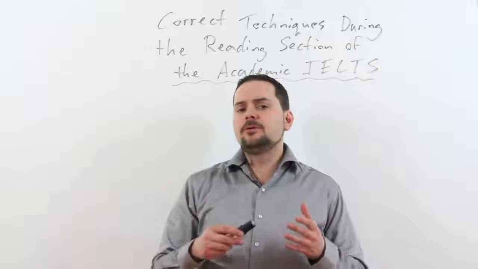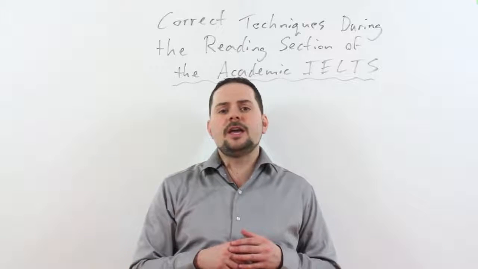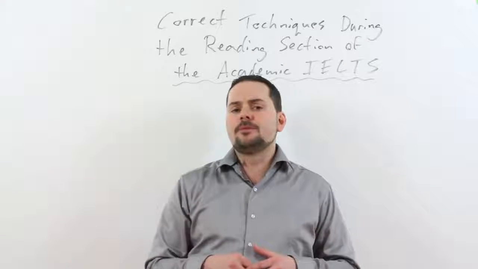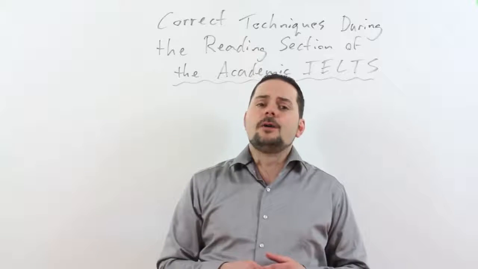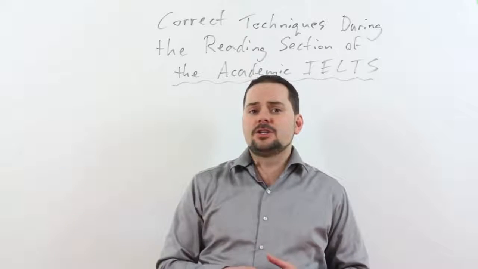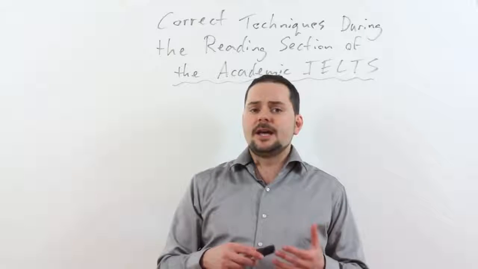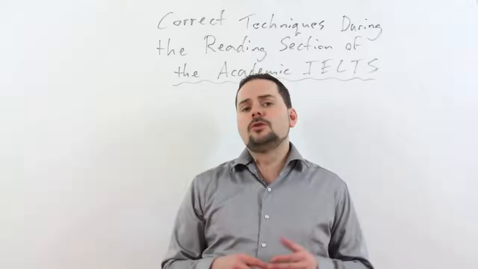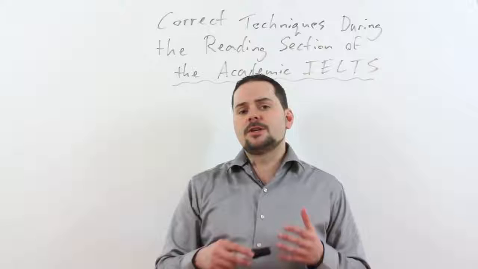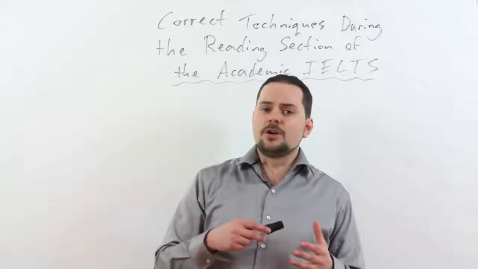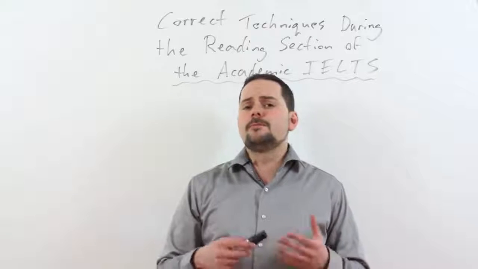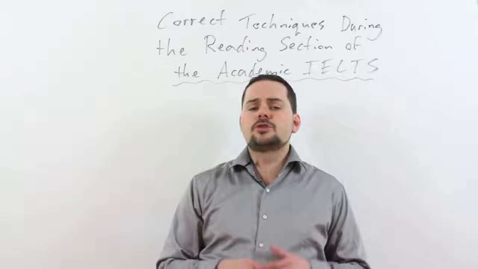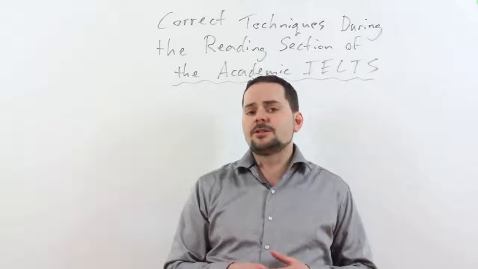So the people who make the IELTS, their goal is that the students who get a high score, so a score over 6.5, should be able to read the passage in the correct way and then answer the questions. So what they do is they use some interesting questions like true, false, not given, which makes it very difficult or even impossible to score a very high mark on the IELTS.